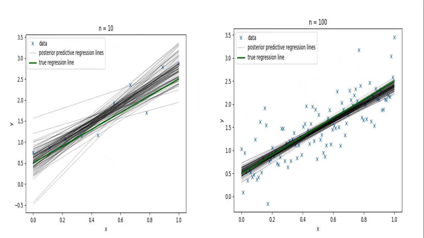And here we can see multiple regression lines that were plotted using the samples extracted from such posterior distribution for the dataset.